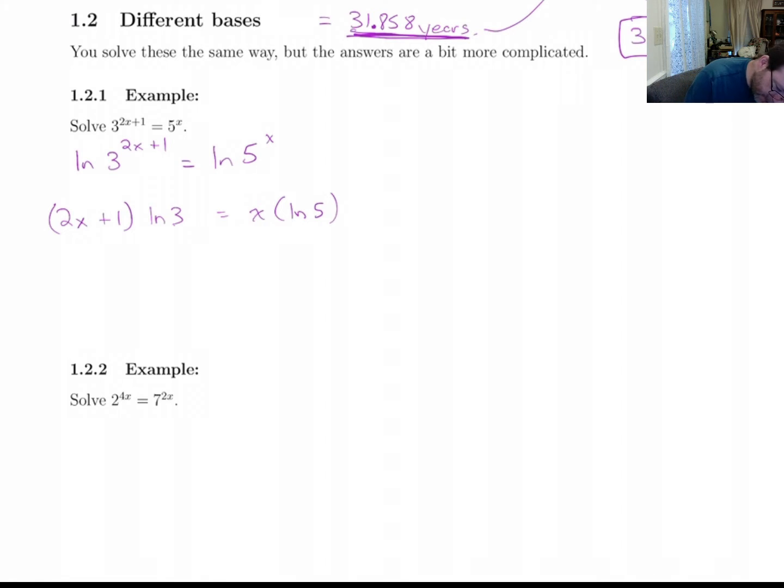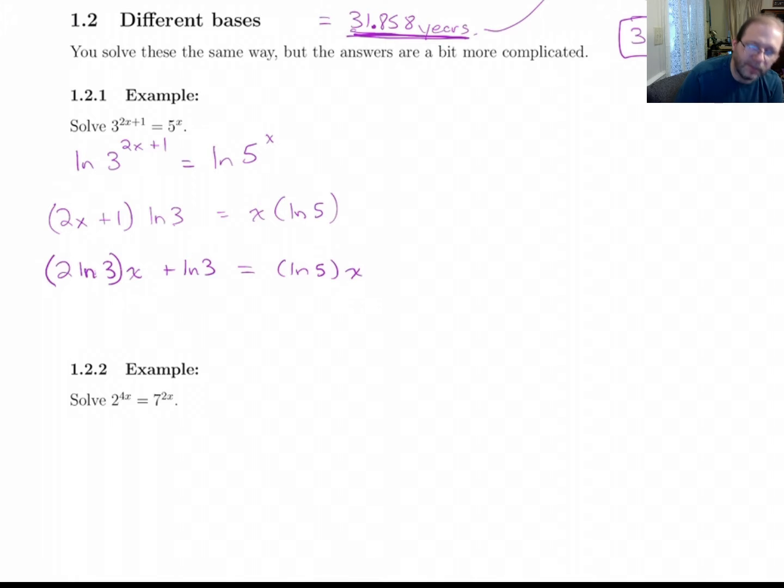So I'm going to distribute this ln 3 across here. It's going to give me 2 ln 3 times x plus ln 3. Now, over here, I'm going to put in some parentheses just to emphasize this. This is 2 ln 3 is the coefficient of x there. And on this other side, I'm going to rearrange things as ln 5 times x to emphasize again that ln 5 is the coefficient of x here. Okay, so we got to solve for x.